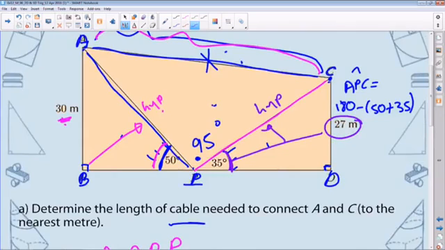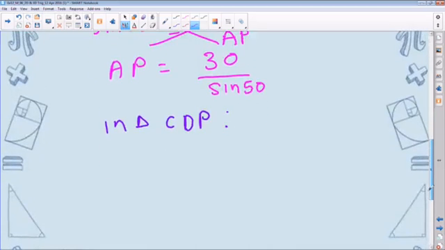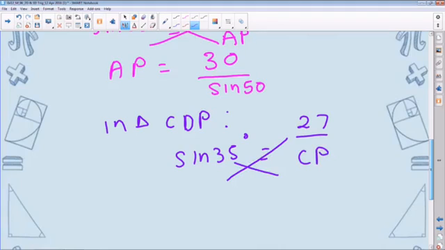So once again, we're dealing with the trig ratio sine. Sine is opposite over hypotenuse. So sine of 35 degrees is equal to 27, which was the opposite side, over the hypotenuse. If I cross multiply and divide by sine 35, CP is 27 over sine 35.